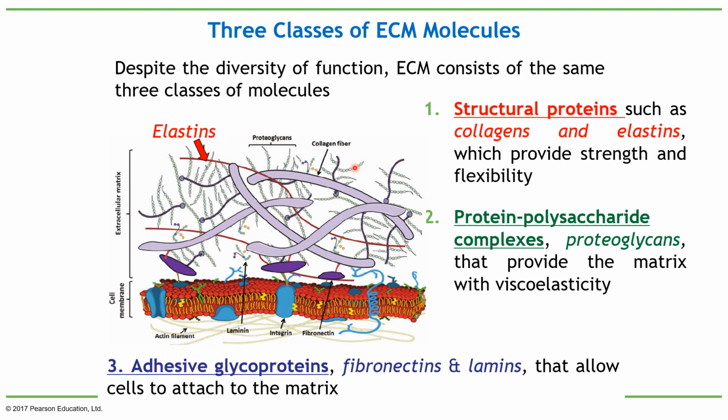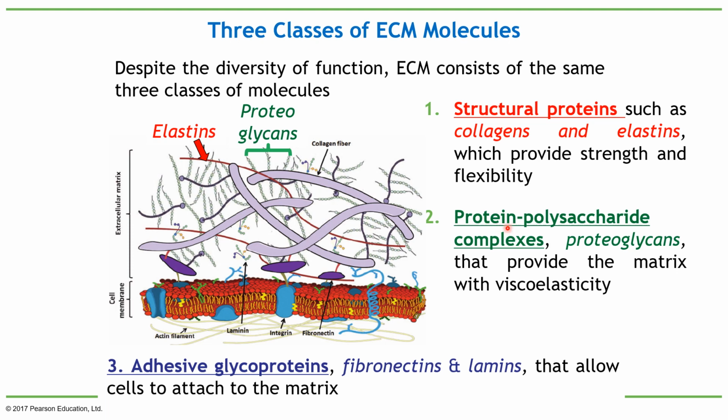Let's start with the structural proteins such as collagen and elastin. Here you have the collagen, and here you see the elastins, and as you're watching in the video, they're in charge of providing the strength and the flexibility. It's very important, and they are secreted by fibroblasts, as I said before.